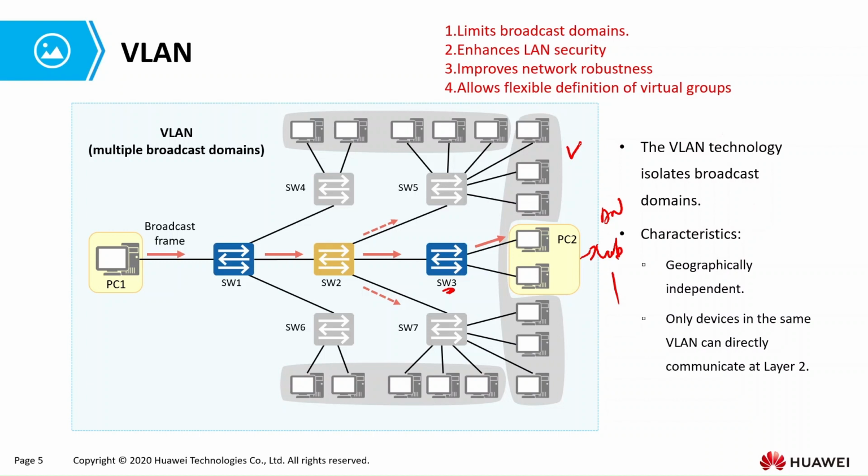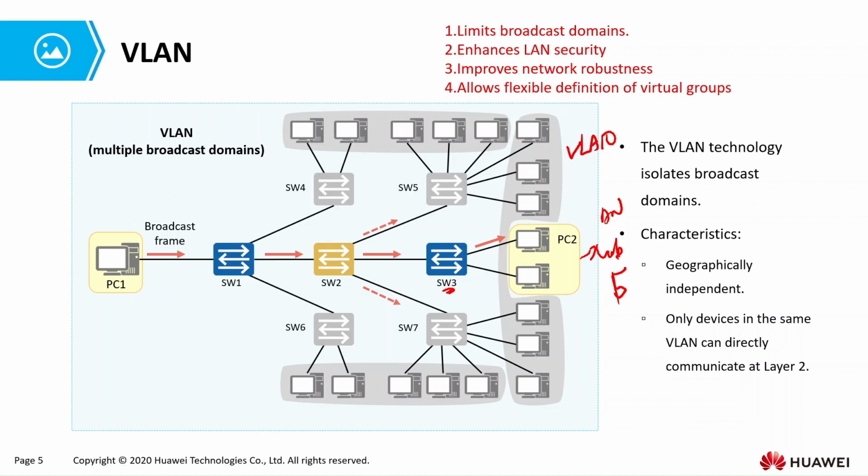So you group them into different groups. So the first thing, whenever we want to reach switch 3, you only broadcast to your VLAN. You will not flood the frame into the other switches that are not under your same group, or the virtual LAN, we call it VLAN.